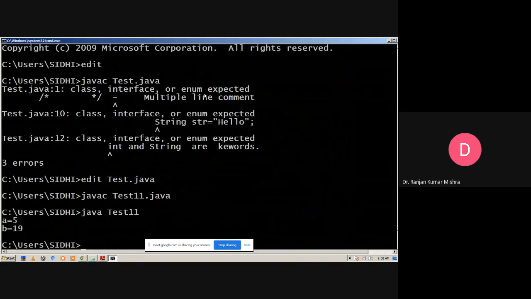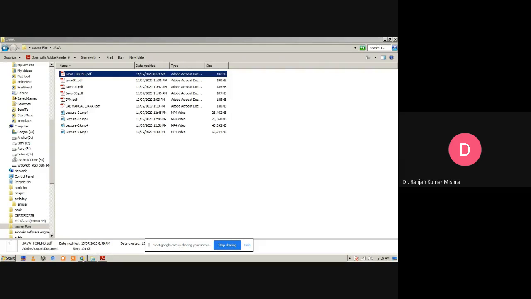So 1 into 16 power 1 gives the value 16, and 3 into 16 power 0, that means 16 power 0 returns 1, and 3 into 1 equal to 3. So 16 plus 3, the final result of this is 19. This is the representation of hexadecimal and octal.